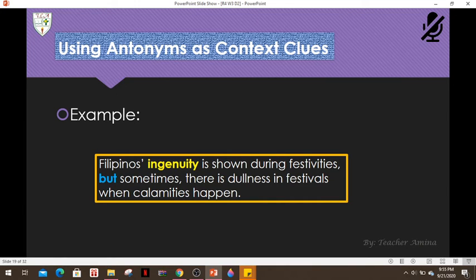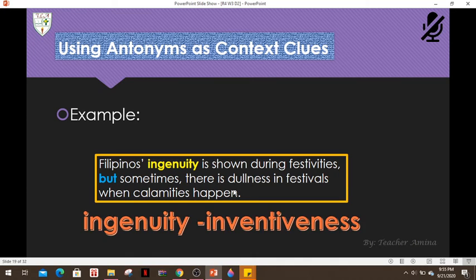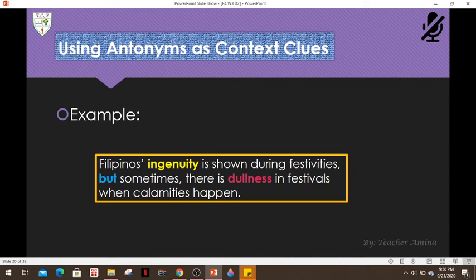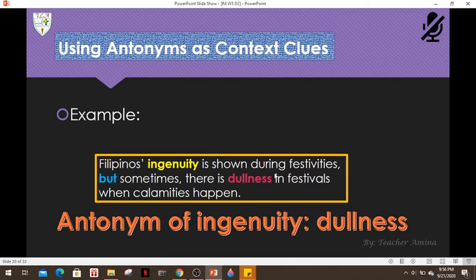In this sentence, the context clue is the word but. Ingenuity is inventiveness. How did we know that? Because of the antonym here, which is dullness. The antonym of ingenuity is dullness.